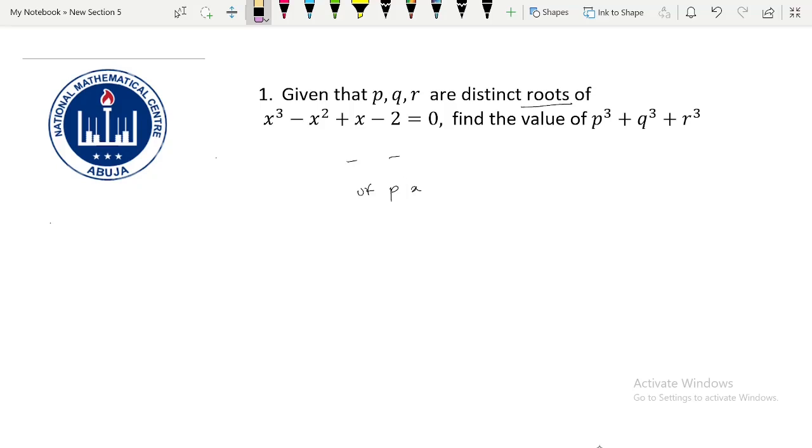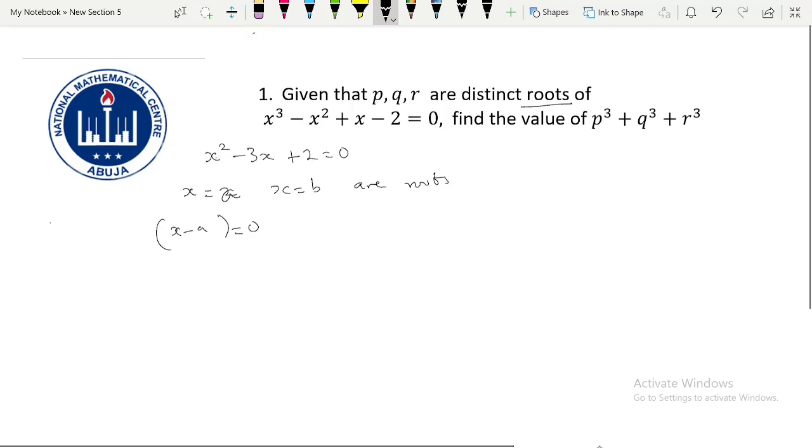I'm going to use knowledge we have from high school, normal school math, only for quadratics. Assuming they give you a quadratic equation, say x squared minus 3x plus 2 equals 0.